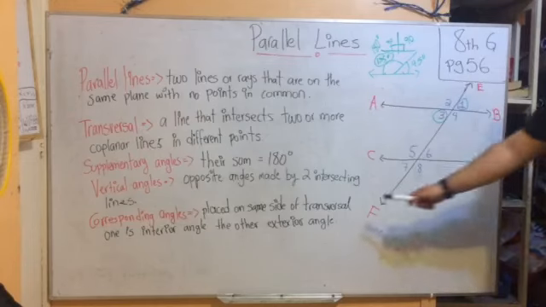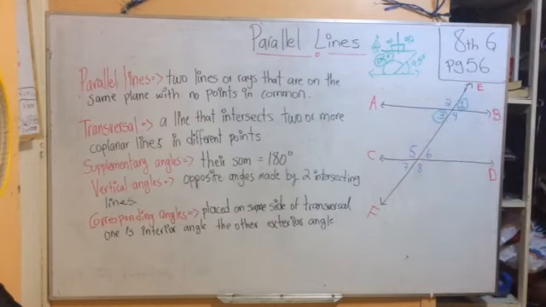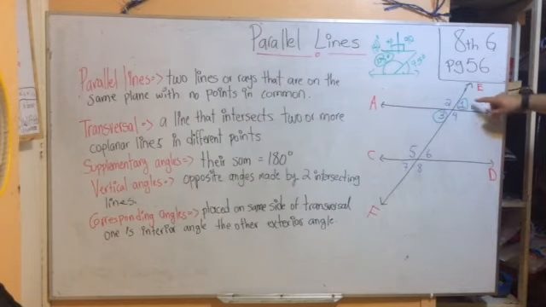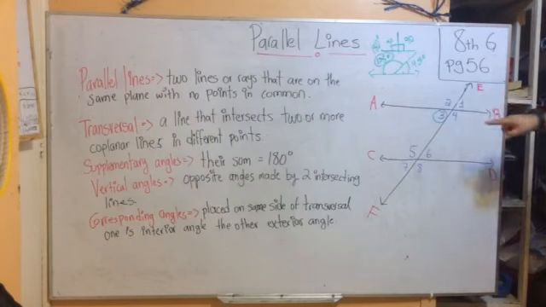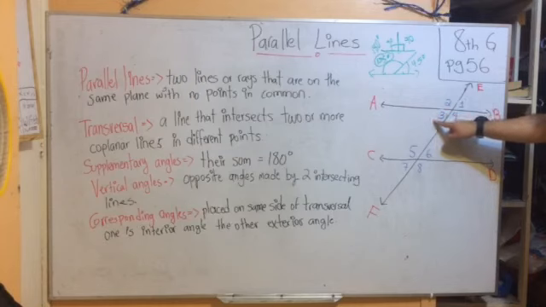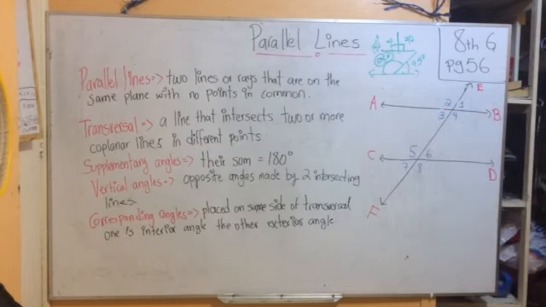We also have corresponding angles. Corresponding means placed on the same side of the transversal, where one is an interior angle and the other one is an exterior angle. So when we are talking about corresponding angles, we're talking about the same angle, but one is interior and the other one is exterior.